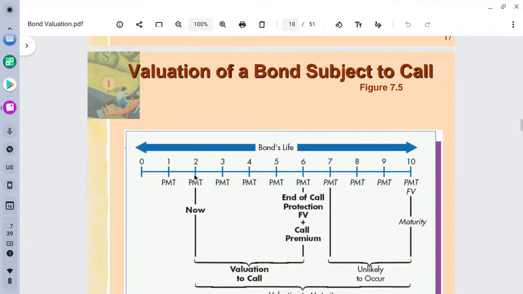So for a bond that is sure to be called, you use only the end of the call protection period as the timeline. How many years is that? 1, 2, 3, 4 years, or 8 semesters. So we only use those 4 years as the timeline, and we add the call premium.